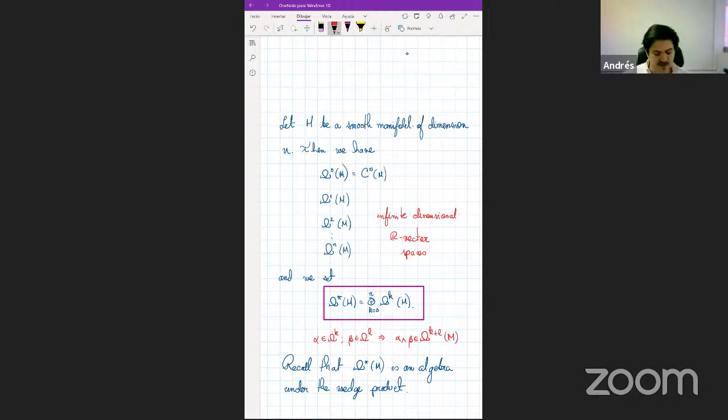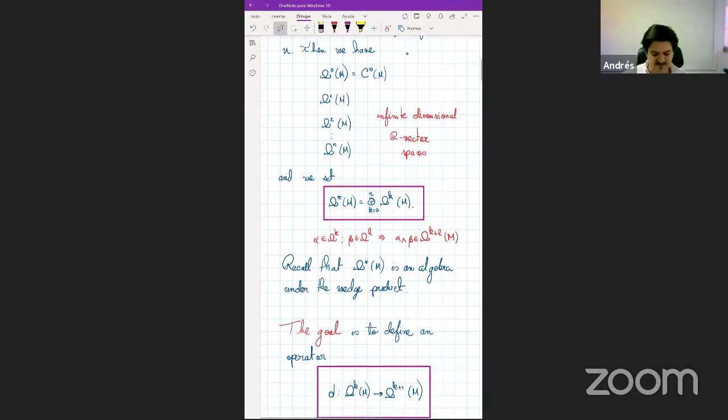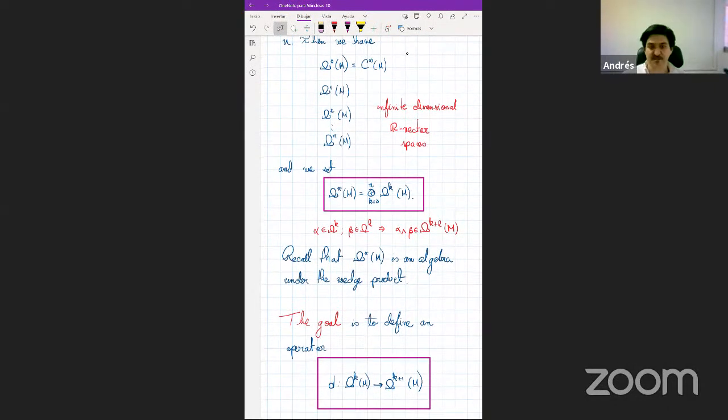Well, now what we are going to do today is to define an operator like this. This is the one that we used last time in Euclidean space. But now we will define it on an arbitrary manifold, and we will see a few interesting properties of this.